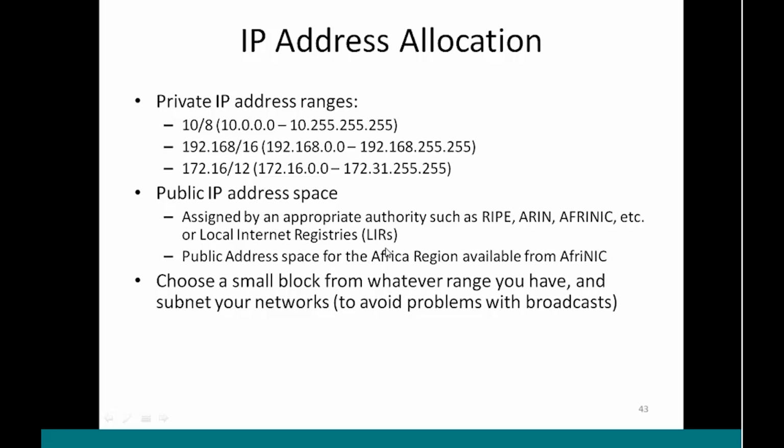Right now, even new companies have started allocating these addresses. Essentially your provider has taken a block of addresses from one of these authorities, and then they start allocating it to their customers as well.